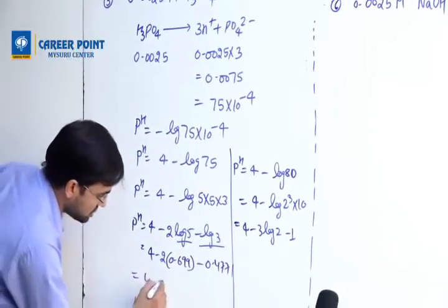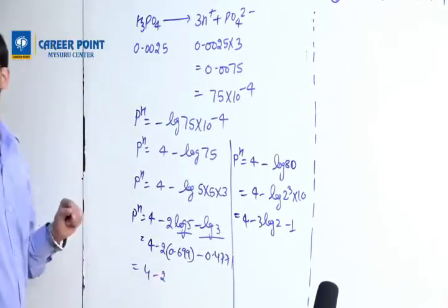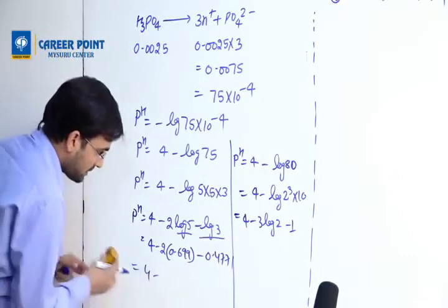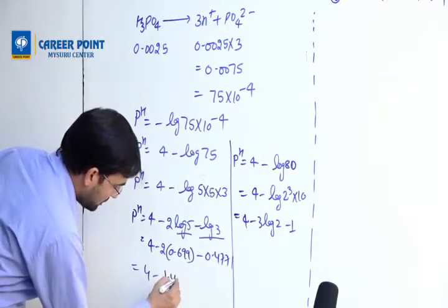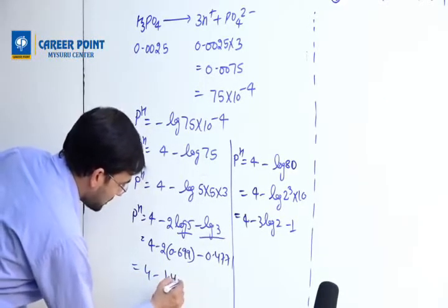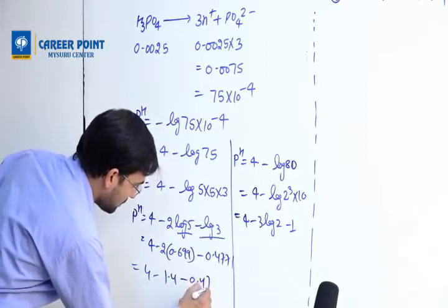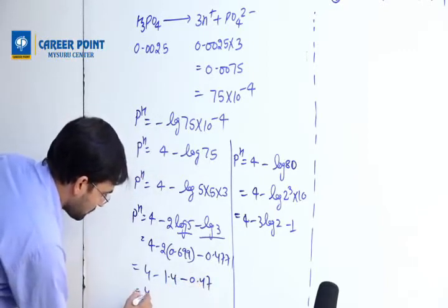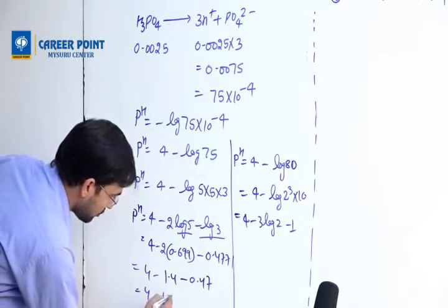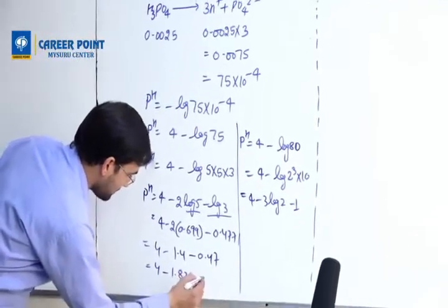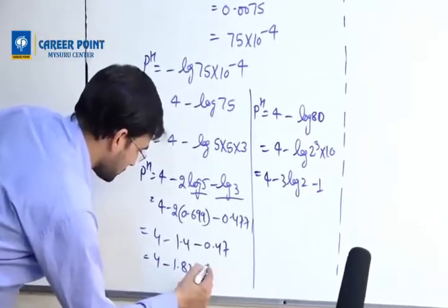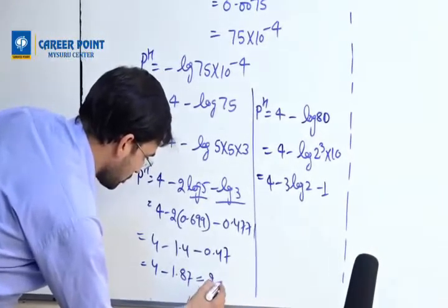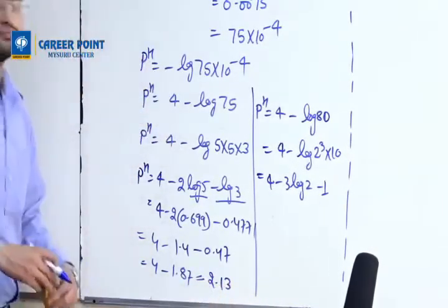This also, 4 minus 2 into this will become 1.7, this will become 1.4. 1.4 it will become minus 0.47, so it will become 4 minus 1.87, so we will get somewhere around 4 minus 2, 2.13.